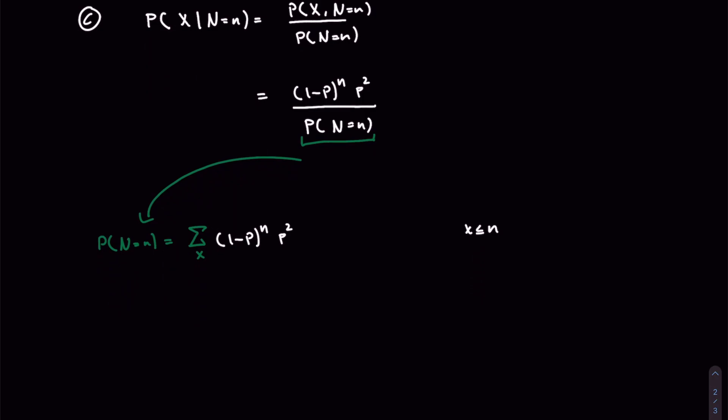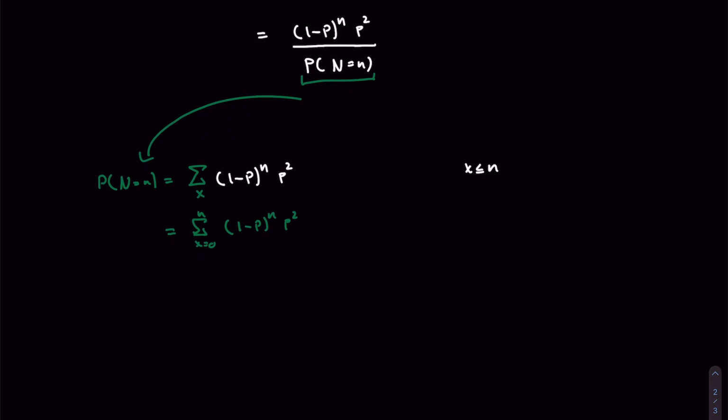Writing out that support, so we have the sum over x equals 0 to n of 1 minus p to the n times p squared, and taking out the p squared like that. And notice that we can actually also take out this term here. Even if this n is actually x plus y, this n index is now treated as an index in its own right.